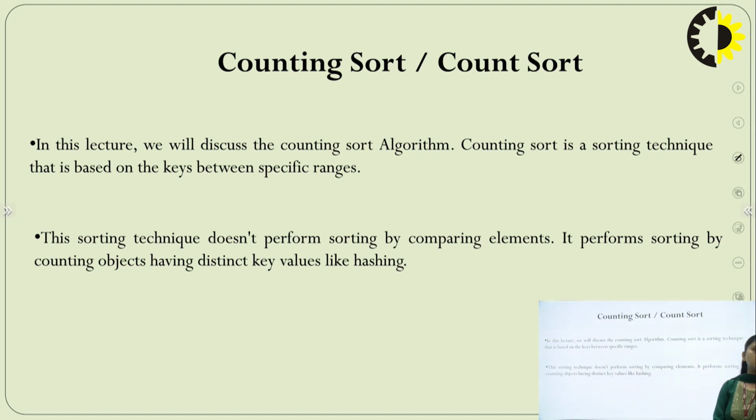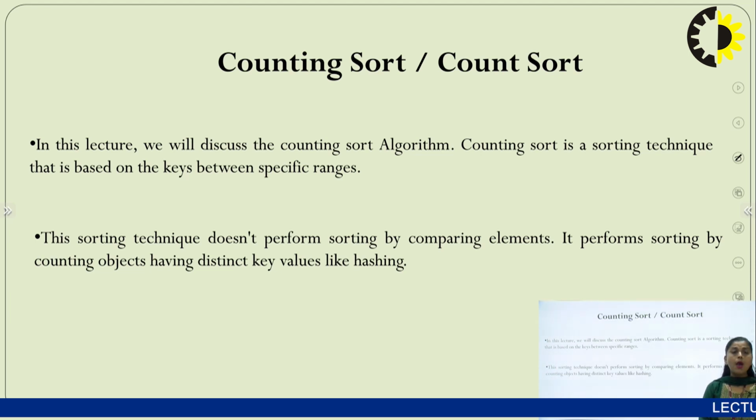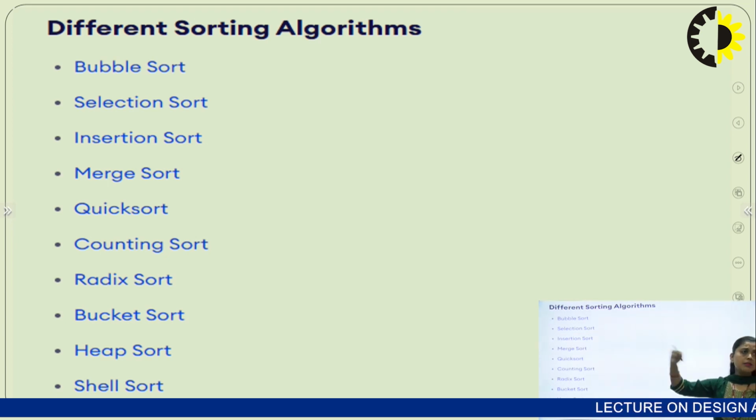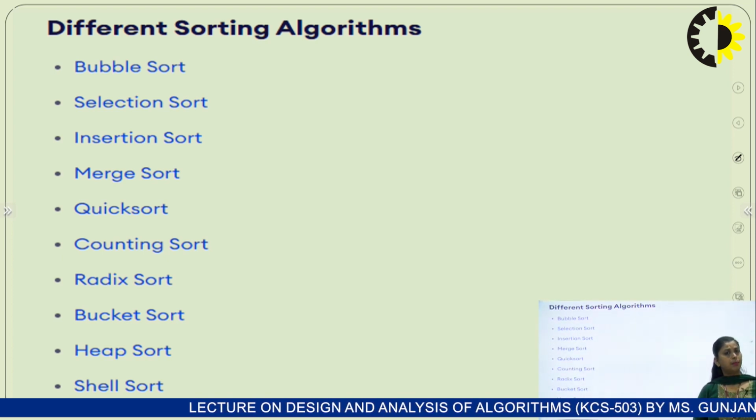Counting sort is a sorting technique that is based on keys between a specific range. This sorting technique does not perform sorting by comparing elements. Bubble sort, selection sort, insertion sort, merge sort, all these sorts do the sorting on the basis of comparison of 2 elements, and after that decide whether swapping takes place or not.